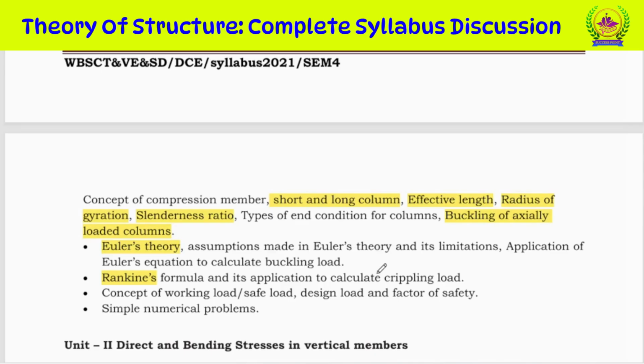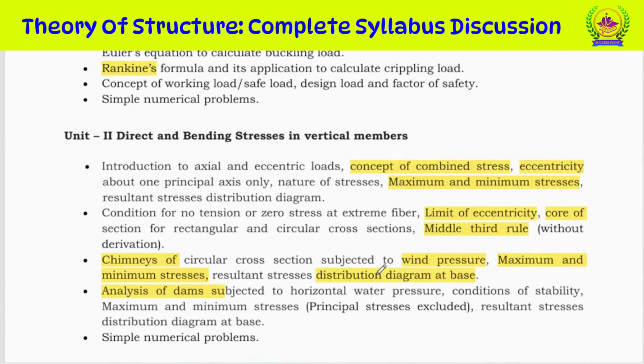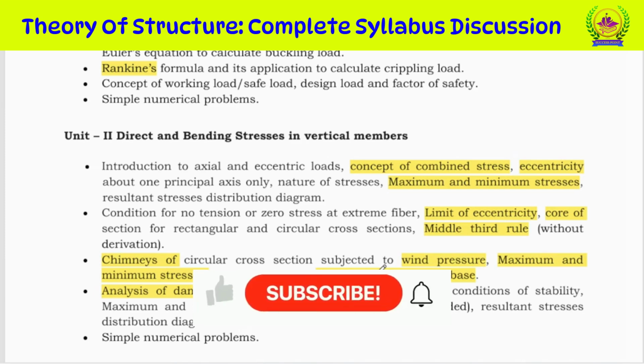Unit 2 is Direct and Bending Stresses in Vertical Members. We will learn that, depending upon the loading positions, the column is divided into 3 types: axially loaded column, uniaxially loaded column, and biaxially loaded column. If the column is axially loaded, then only compression load will be subjected to the column.